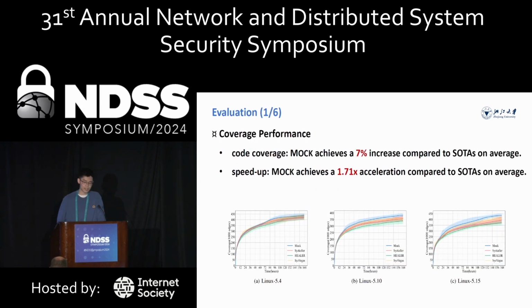To answer the first question, we evaluate Mock's capability of exploring kernel code coverage with the same time budget. Compared to other baselines, Mock averagely achieves 7% coverage growth and 1.71 times acceleration.